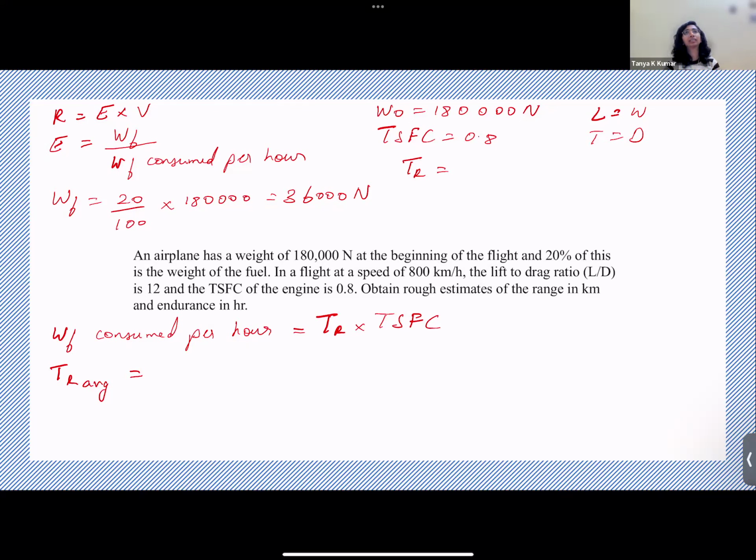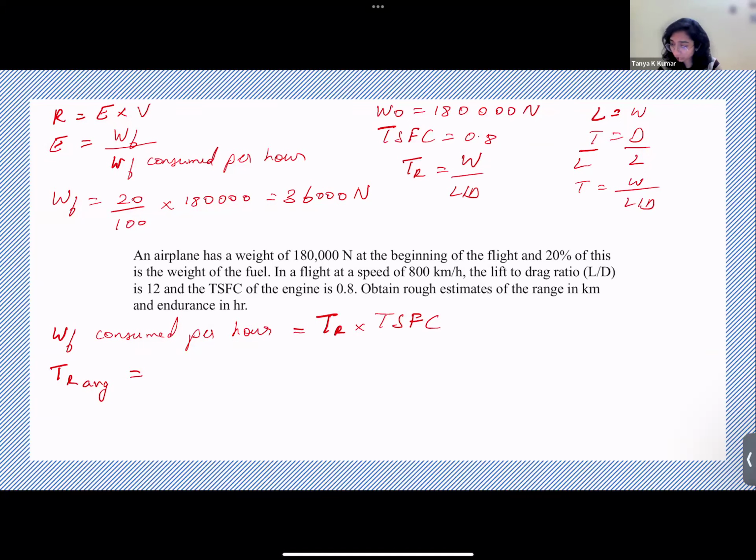This was, I think, one of the first, third or fourth formula that we had discussed. You divide both of these equations by lift, and then you have thrust is, if you take lift equal to weight, you have W by L by D. Correct? So just do that same thing here, W by L by D.